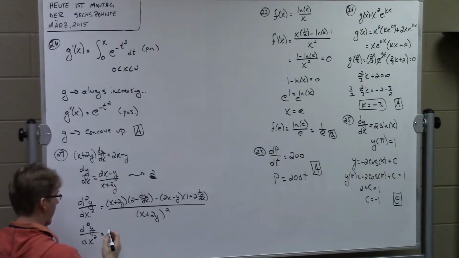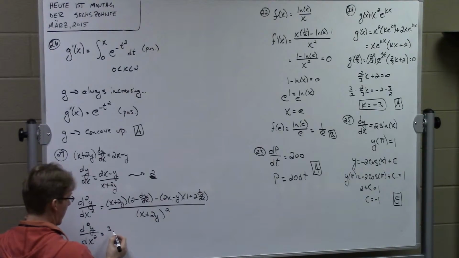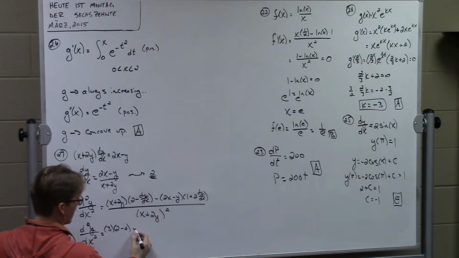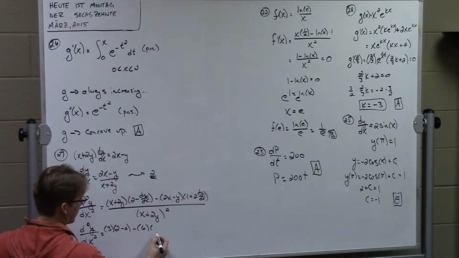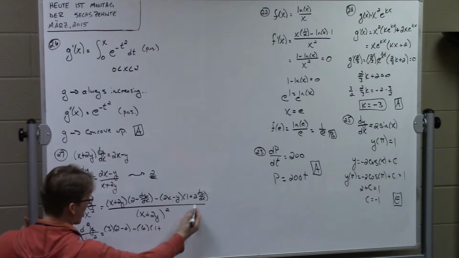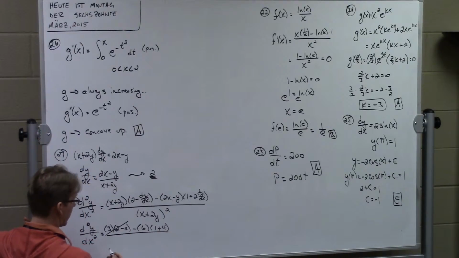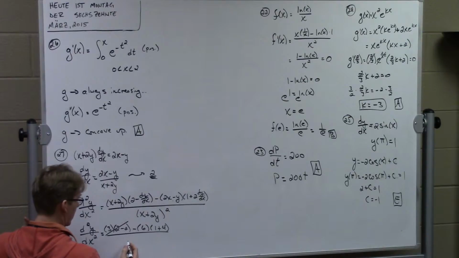All right, so here we go. 3 plus 0 times 2 minus 2, because we found that 2, minus 6 minus 0 times 1 plus 4, all over, what am I plugging in, 3? 3 plus 0, 3, 9.